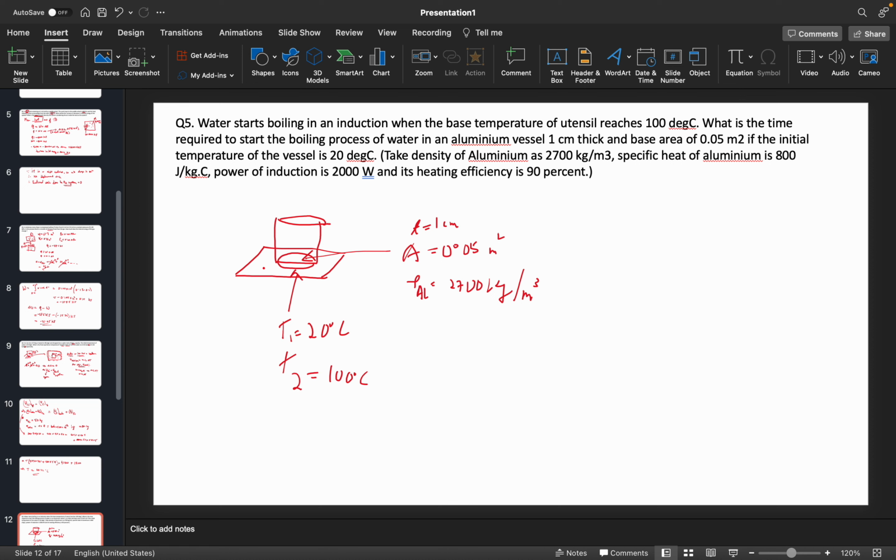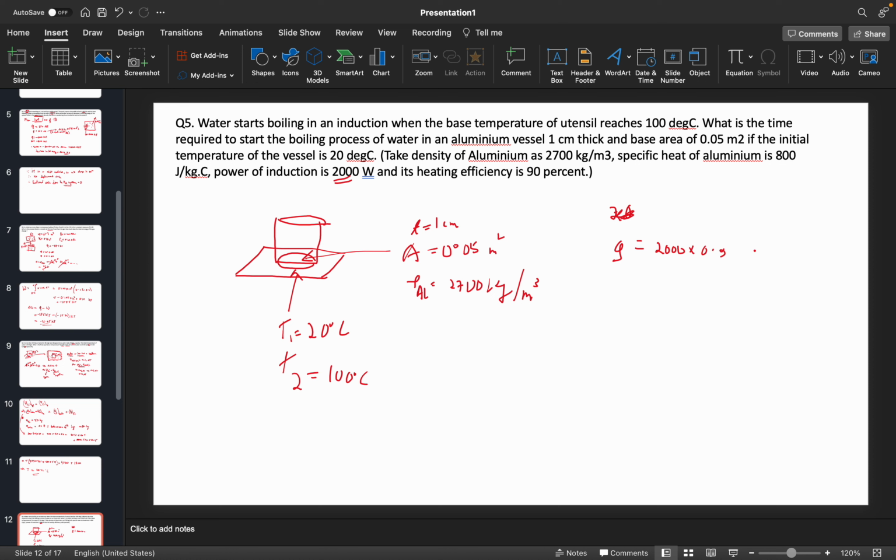Now you bought the induction of power 2000 watt, but we know that it cannot be 100% efficient, so there will be some loss of heat, it may go somewhere else and it may go outside. So it is only 90% efficient. That means the Q that it can provide is actually 2000 into 0.9.